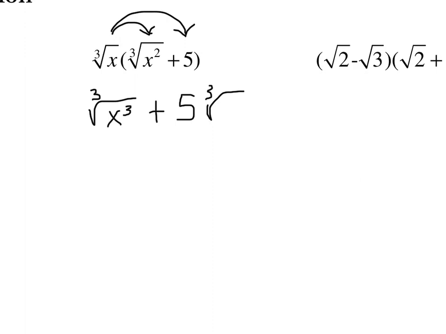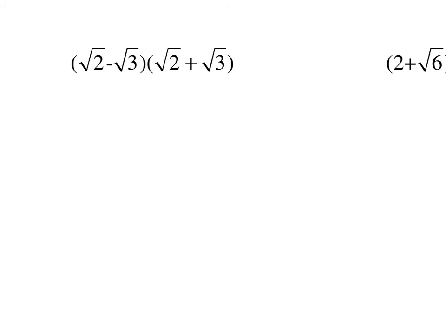I'm putting the 5 first so we'll avoid the problem of knowing if the 5 is under the radical or not. So what is the cube root of x cubed? That's just x. We have no like terms here. One has a cube root of x, the other has just the x. So we have to stop.